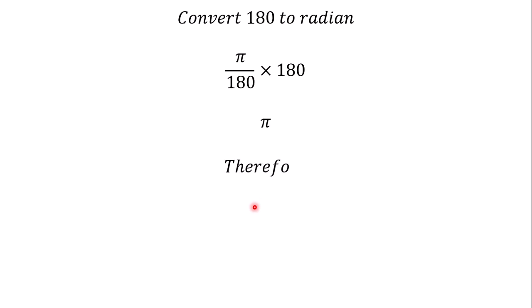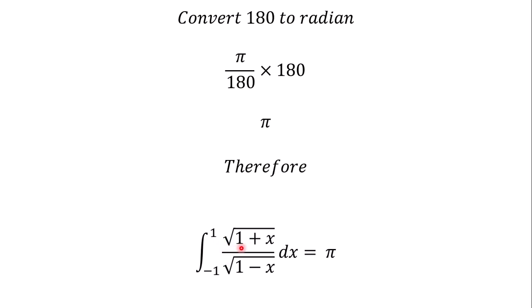So therefore, the integral with limits going from -1 to +1 of the square root of this over this is equal to pi.